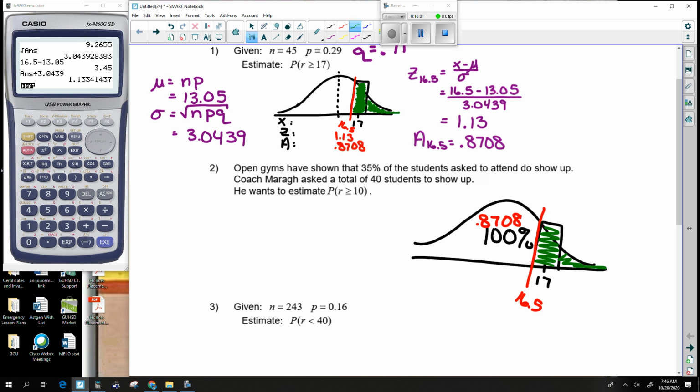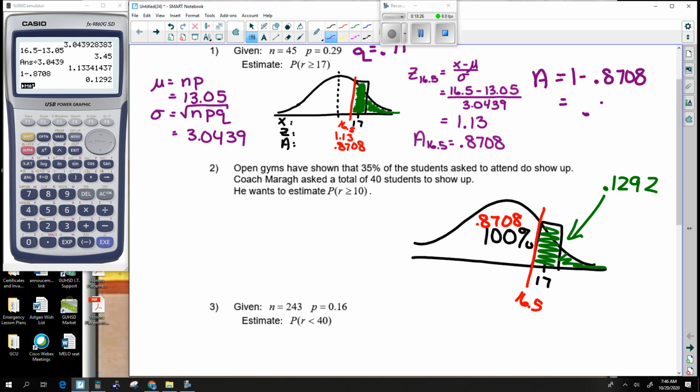So what I need to do is find the area of the green region, so that would just be 100% minus that 8708. Again, you don't always have to do this, because sometimes you do want the area to the left. In this case, I don't. So in this situation, I have to take 1 minus this 8708, and that will get me 1292. That is the area that I want in this situation.